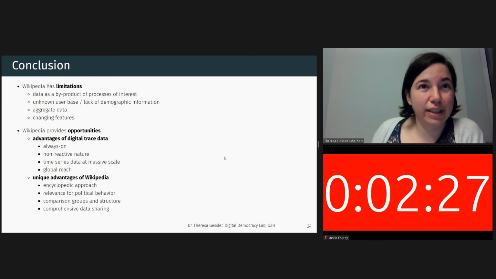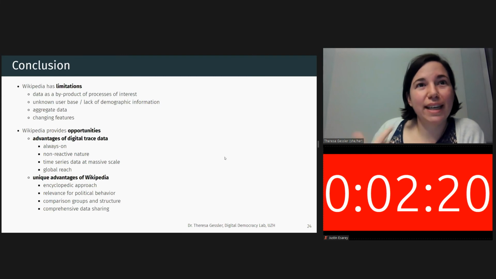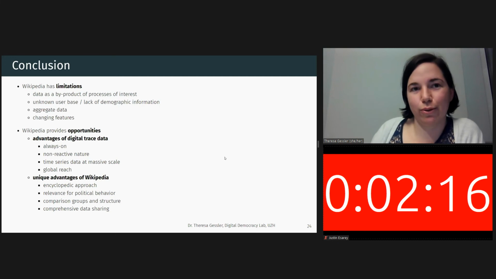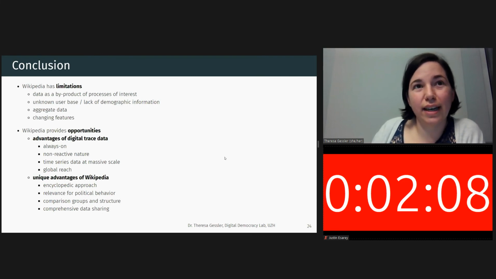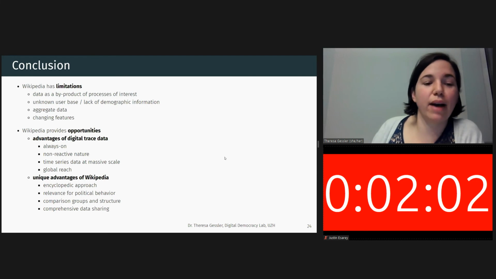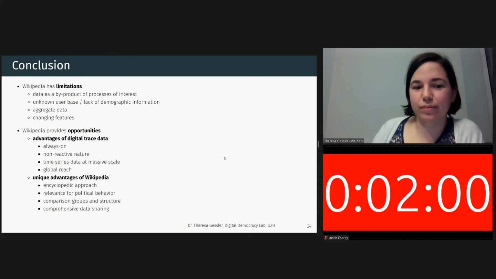Its relevance for political behavior by covering, for example, politicians and so on. And its structure that makes it really easy for us to engage in comparisons and to find specific groups. And finally, it's much more comprehensive data sharing that basically gives us data on who produces this content, how many people read this content, and what is in this content. Is really something that is quite unique to the platform.